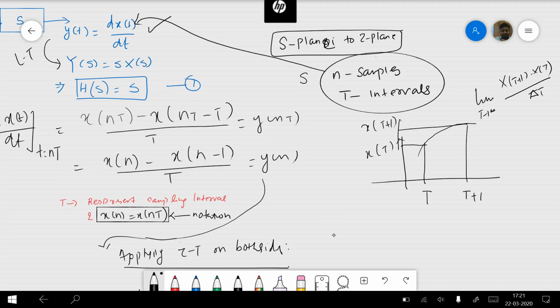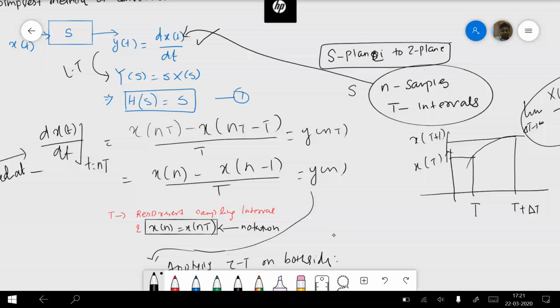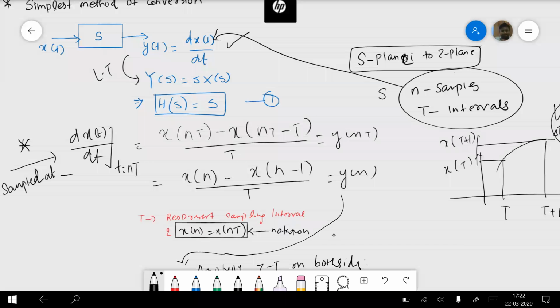Do you remember this first method of understanding differentiation? That is what we are trying to do here. I will take this concept from here to here: my numerical differentiation is represented using the first method of differentiation, x of nT minus x of nT minus T, divided by T, which is nothing but my y of nT.